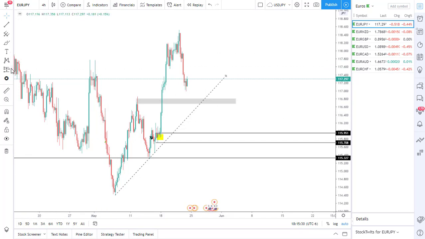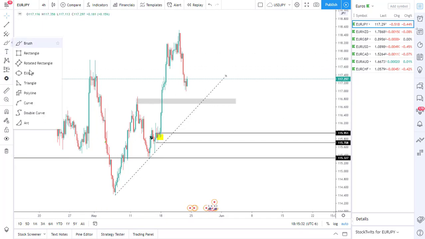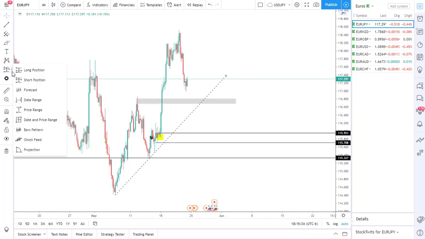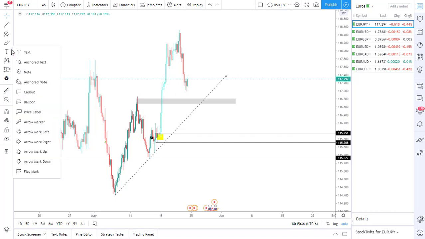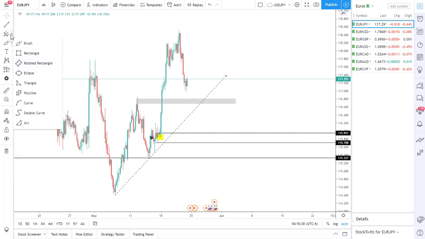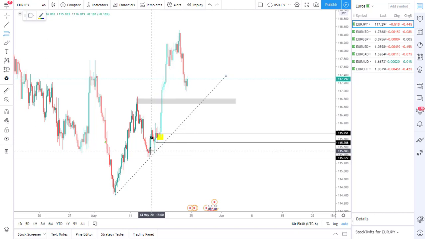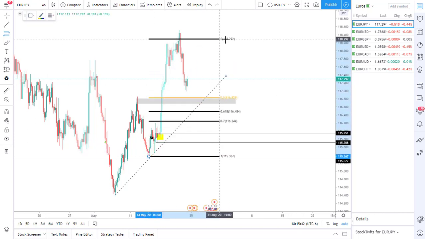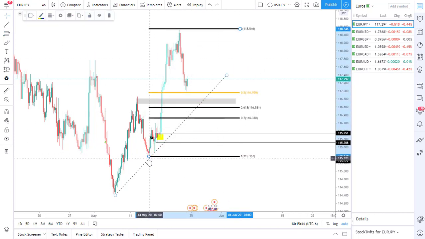You also have here your Fibonacci retracement level. Let me show you. Fibonacci. Where is the Fibonacci? Useless tool. Here. Okay, so we are close to our 61.8 magic number that many traders worship.